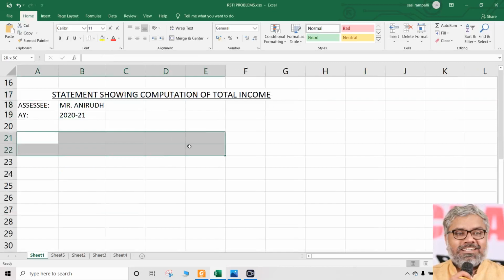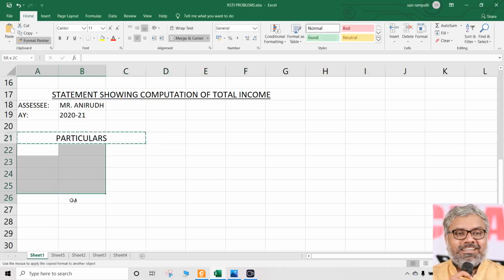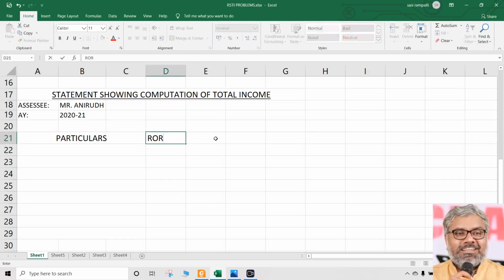Now we have the statement. So statement is always about simply the answer here that we need. So what are the things that are supposed to be there? First thing is particulars. What are the particulars here? Those all will be the same points. Then we have ROR, RNOR and NR.